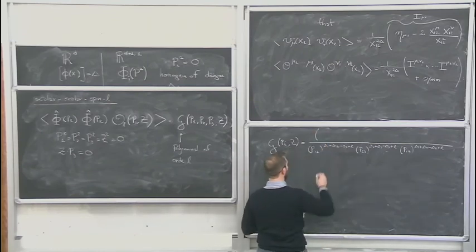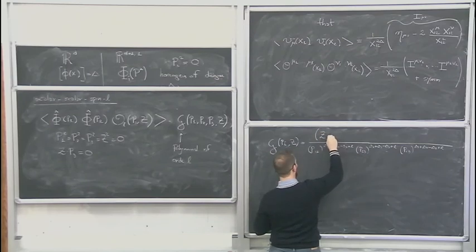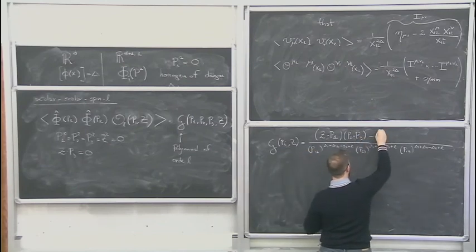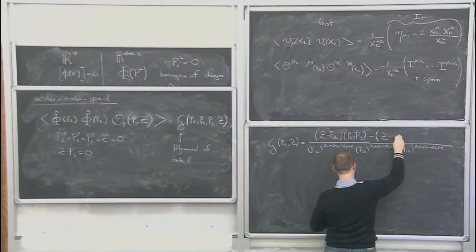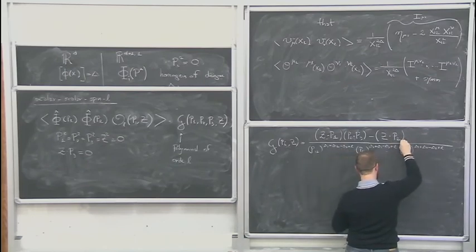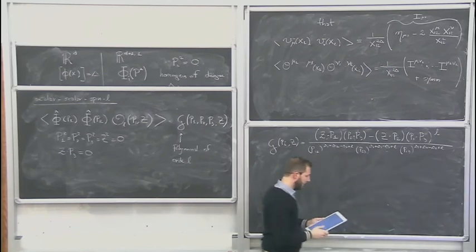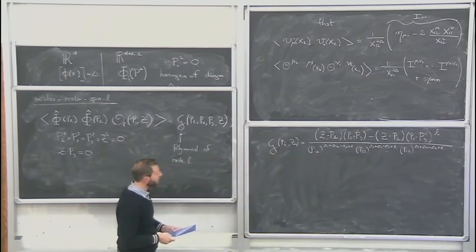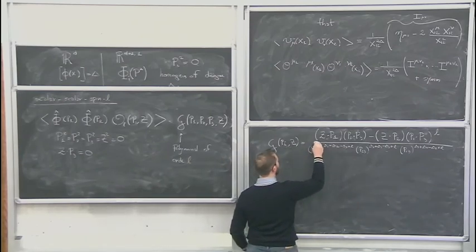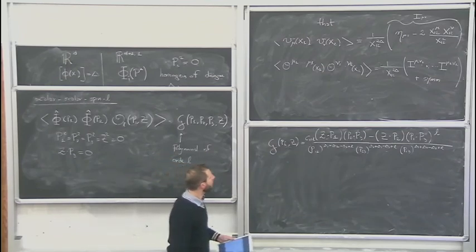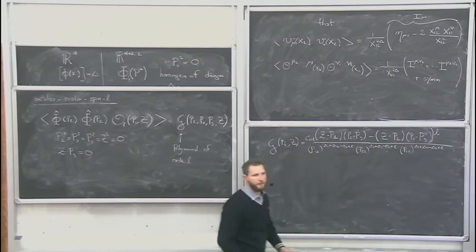And you can see that there's only one possibility, which is Z dot P1 P2 dot P3 minus Z dot P2 P1 dot P3, to the power L. And of course there can be a constant in front, some C12L.